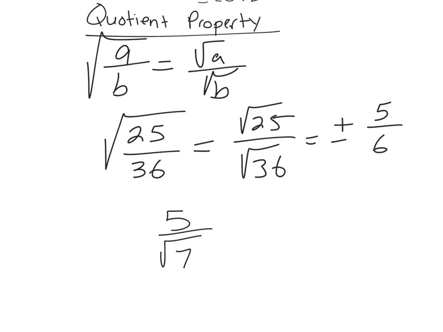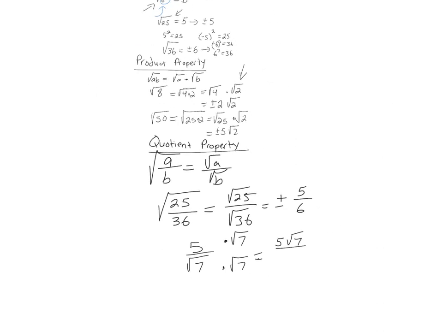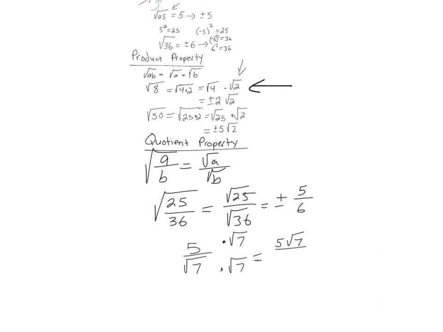Now, the way you would do that is you would multiply the numerator and the denominator by the square root of 7, or whatever number you're trying to get rid of. What would that do? Well, the numerator would just be 5 times the square root of 7, right? But the denominator, and recall the product rule here, it works backwards as well.